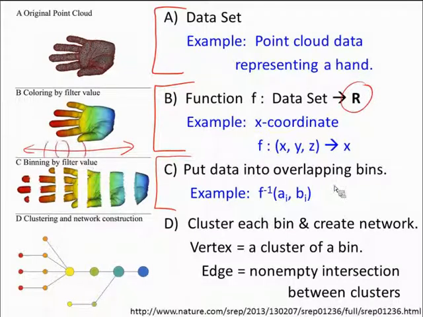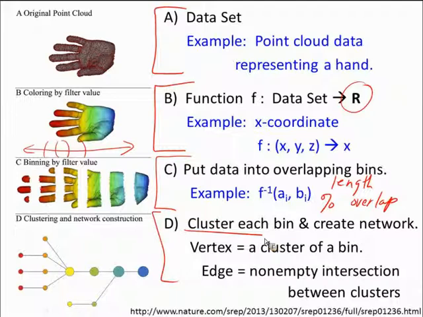And so we'll usually just choose the length of an interval, and they'll all be the same length, as well as the percent overlap. So we have 50% overlap between the intervals, 80% overlap, things like that. Then we have to choose a way to cluster, and after that choice is made, then we know exactly how to create our graph using the vertices and edges. Any questions so far?